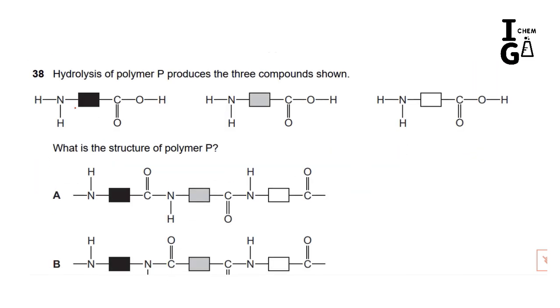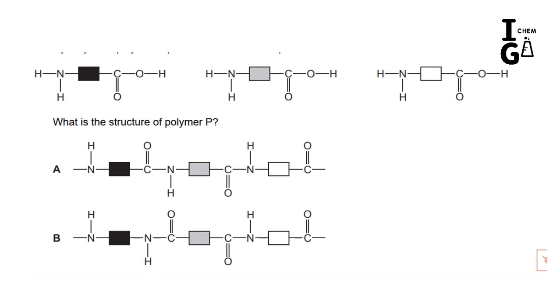Hydrolysis of polymer P produces the 3 compounds shown. So you know guys, hydrolysis is breaking down in the presence of water. So here we have the 3 products. Let's check the first product. Look at this terminal, guys, this is NH2, it's called an amine group. And here on the right terminal we have COOH, so you know this one is called a carboxylic acid.